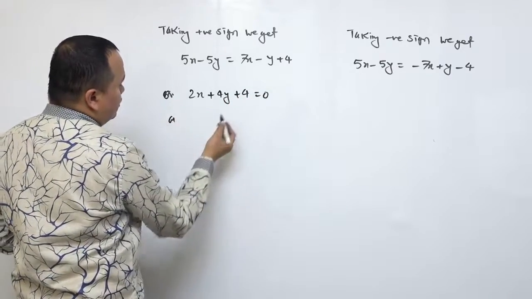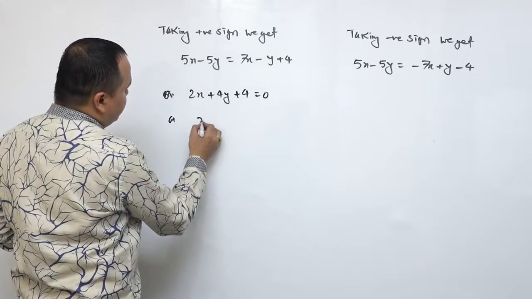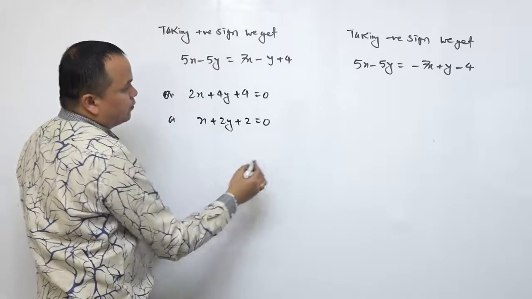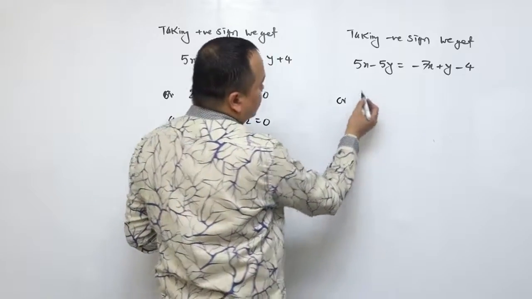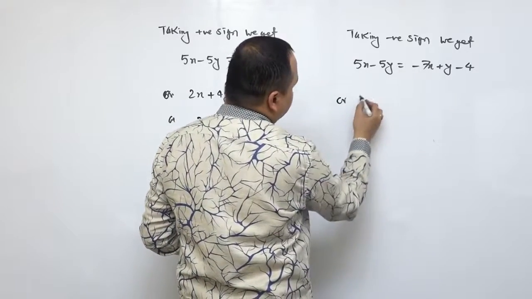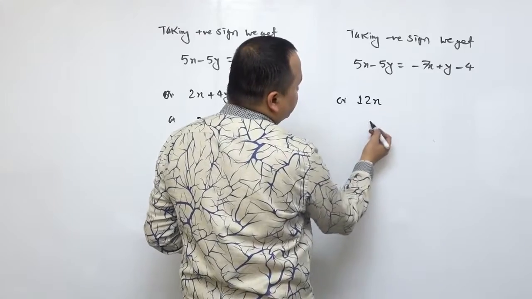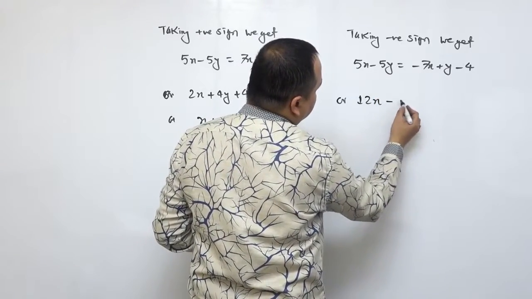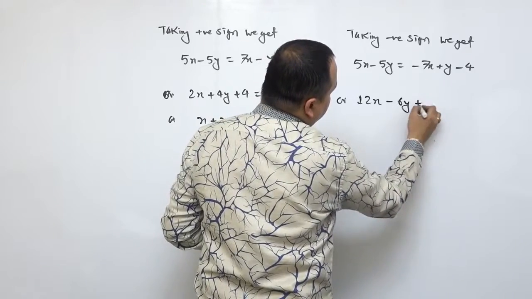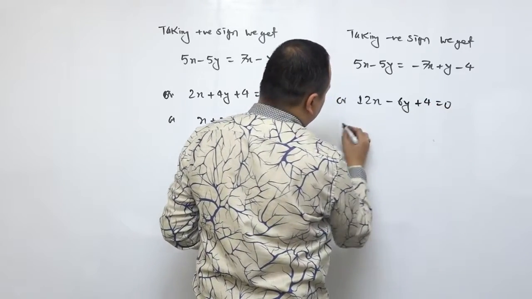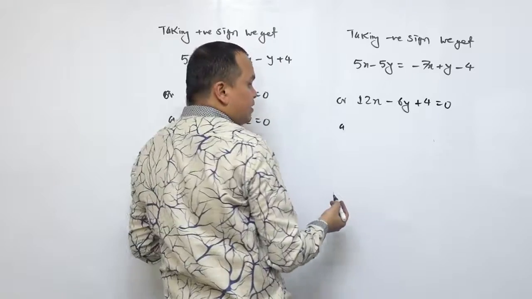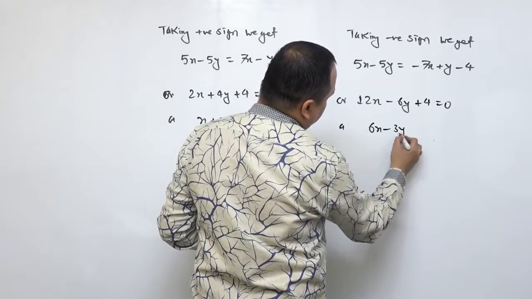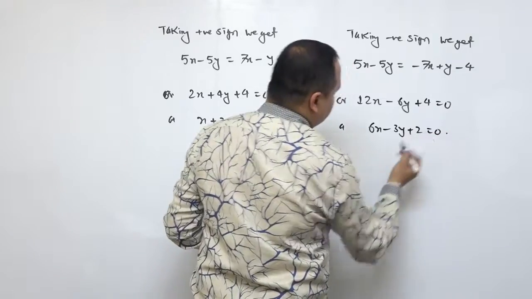Dividing both sides by 2, we have x plus 2y plus 2 is equal to 0. From the second, 5x plus 7x is 12x, minus 5y minus y is minus 6y, plus 4 is equal to 0. Dividing both sides by 2, we get 6x minus 3y plus 2 is equal to 0.